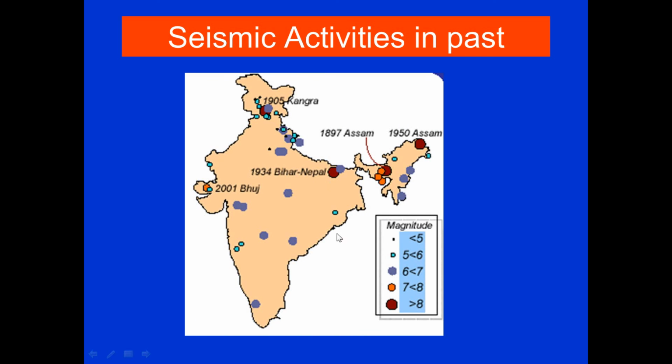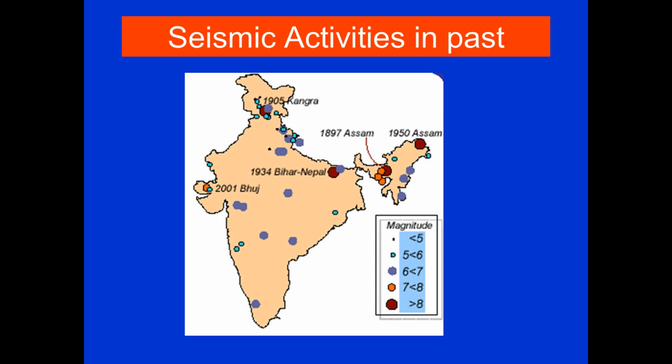Now, seismic activity in past earthquakes. These are some of the data of earthquakes which happened in India. One of the major earthquakes in the last 20 years was the 2001 Bhuj earthquake. In that, around 5 to 6 lakh people died in the 2001 earthquake, and the magnitude was between 7 to 8.